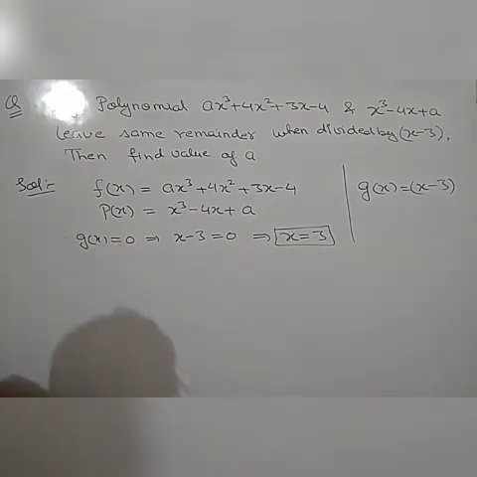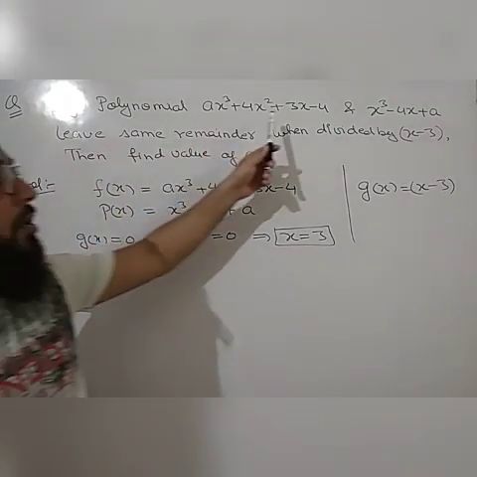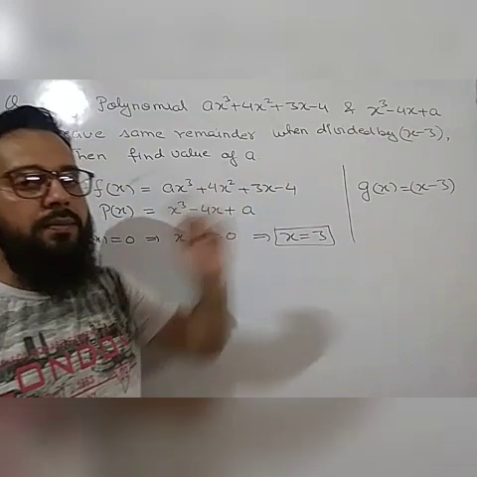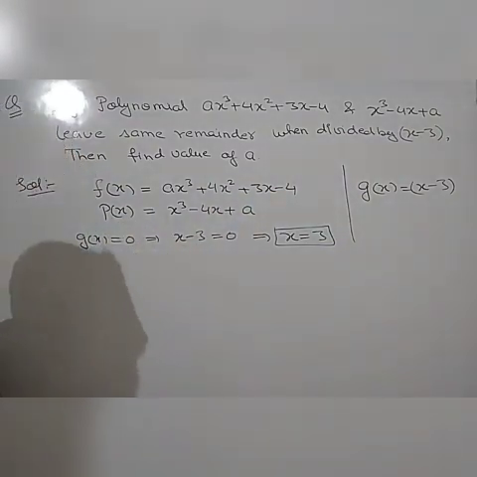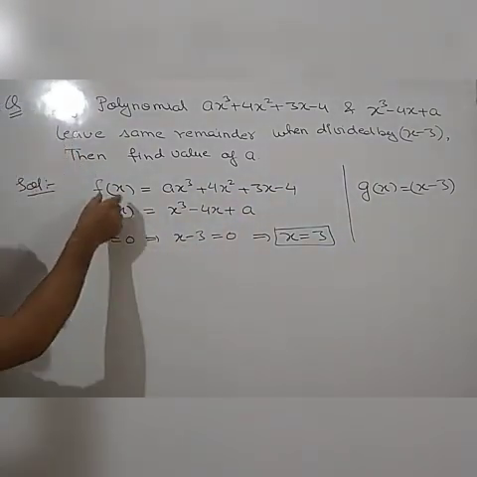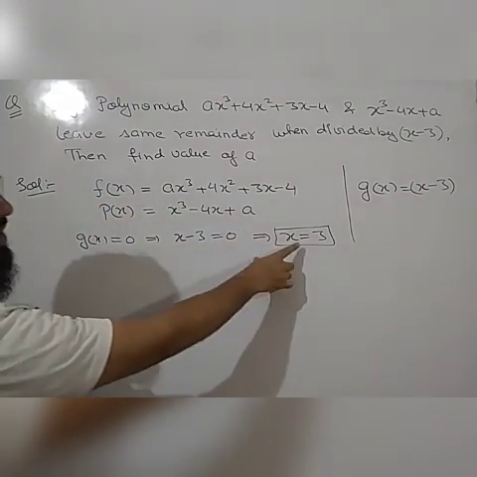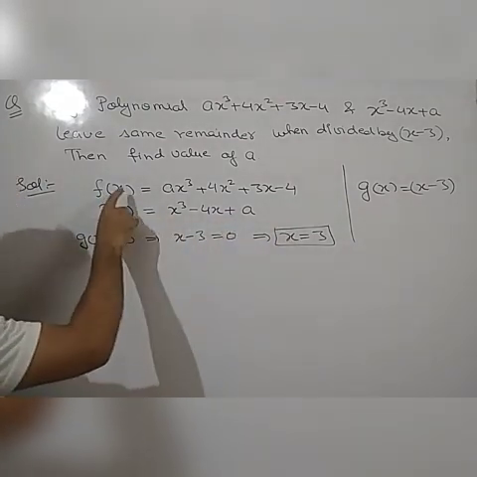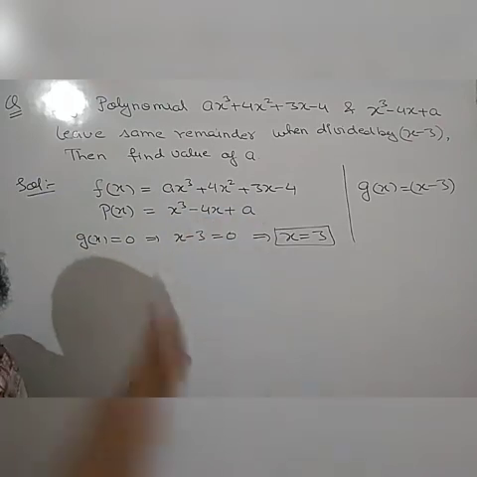Now what is given? The remainders of both the polynomials are the same. They leave the same remainder. It means, how will you find the remainder of the first polynomial? By putting x equal to 3 in this polynomial, we will get the remainder.